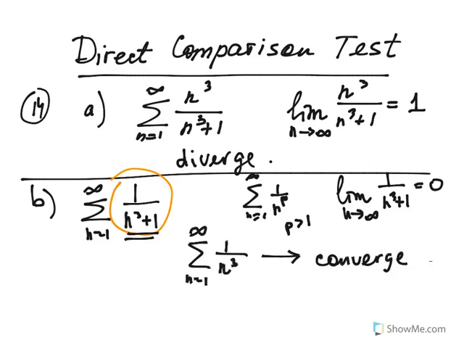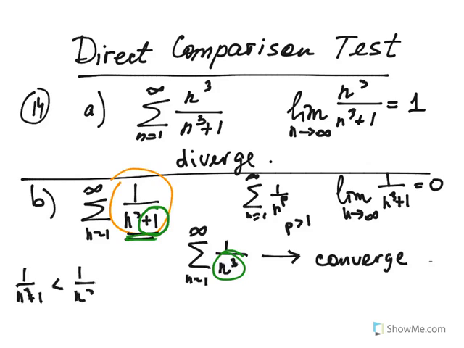Now we need to compare these two and decide which one is smaller and which one is greater. Well, this part is the same, but on the bottom of your original one, you add 1 in the denominator, and that means your denominator gets bigger, so the whole fraction is smaller. So 1 over n cubed plus 1 is smaller than 1 over n cubed.